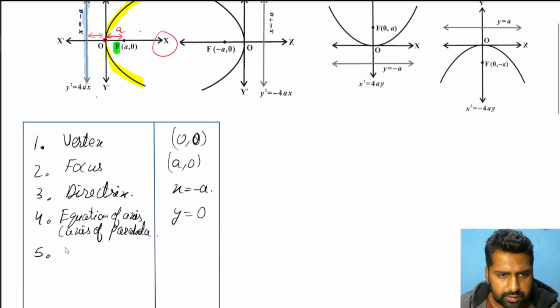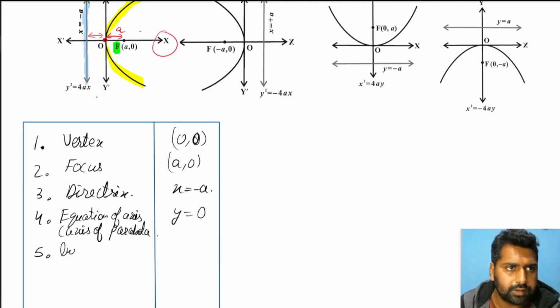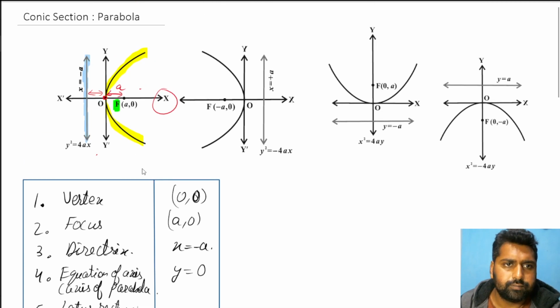Then there is one word known as latus rectum. Length of latus rectum. I'll show you what the latus rectum is in this same parabola.